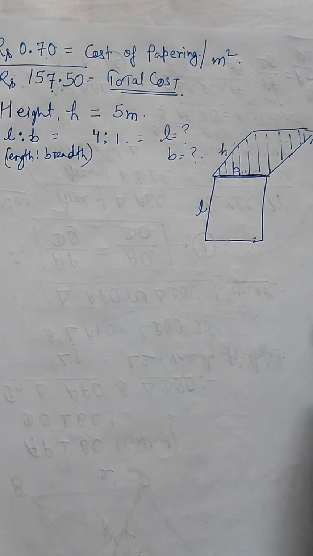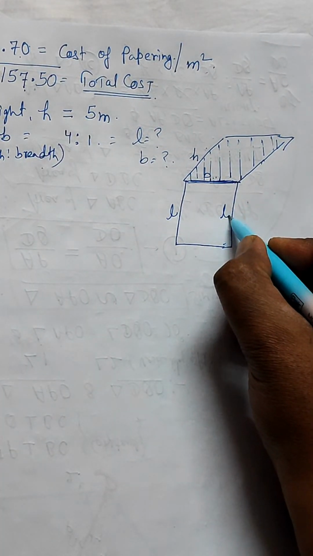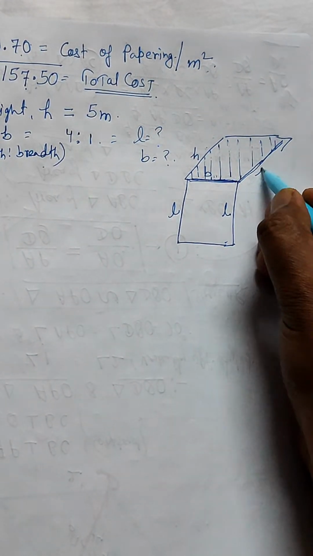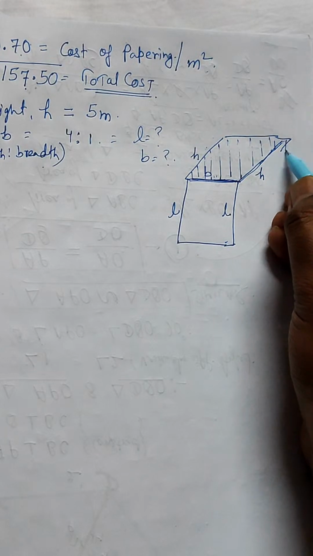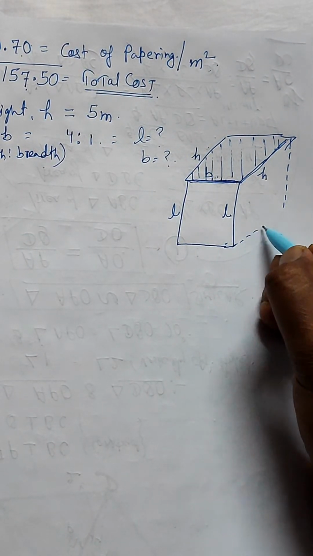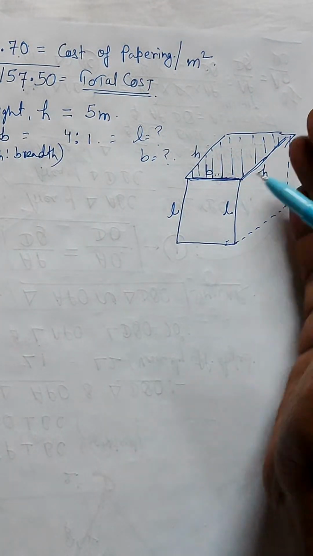right? Similarly, here is the length and it is up till height of H. So you can see here another rectangle is formed whose dimension is L into H. Just think about the wall only, the standing portion.